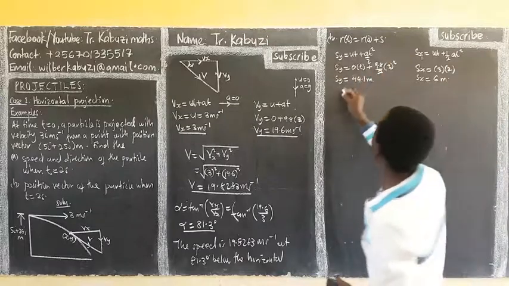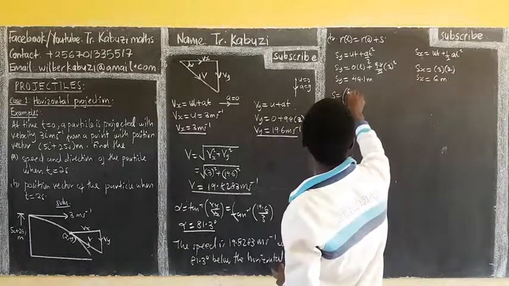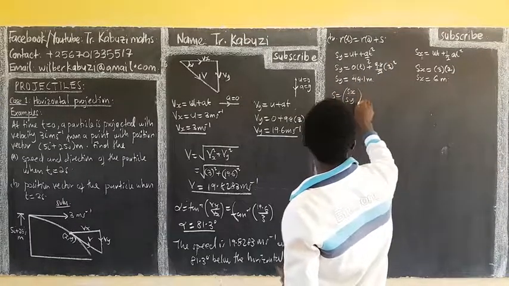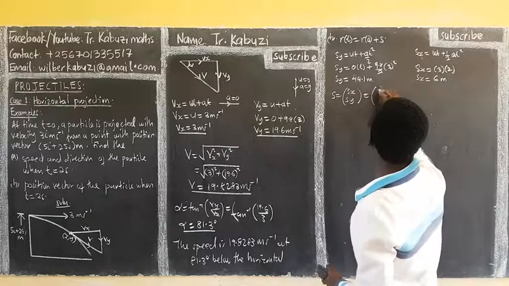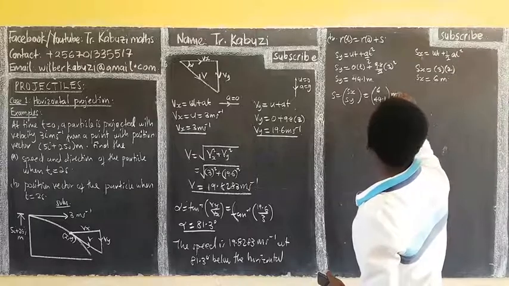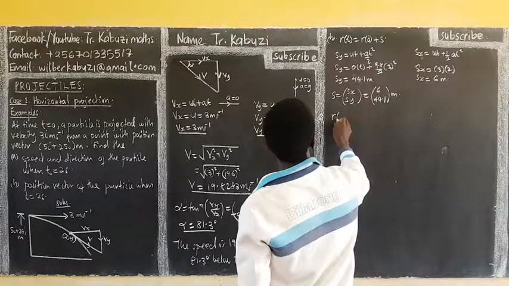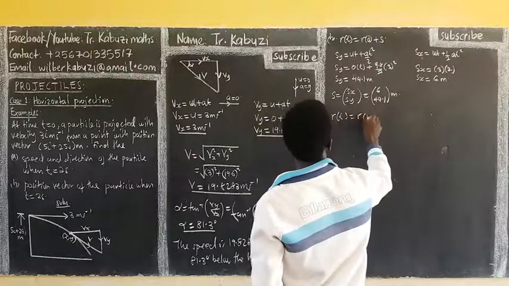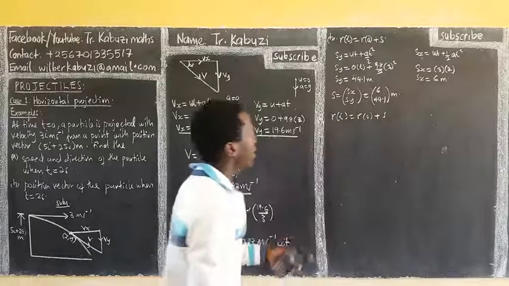So this S we are looking for is given by S_x, then S_y, which will be 6, then 4.41 meters. So from there, my R(t) equals R naught plus S. Now we substitute.